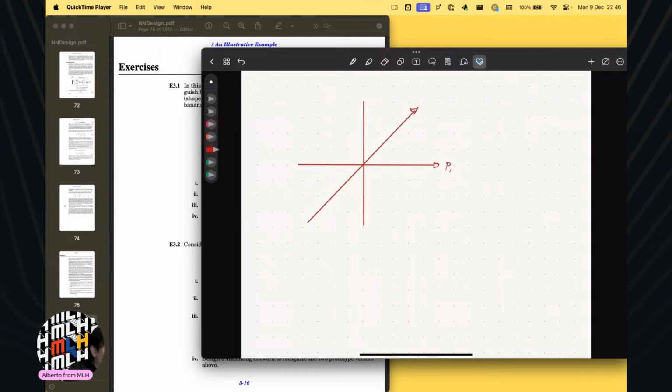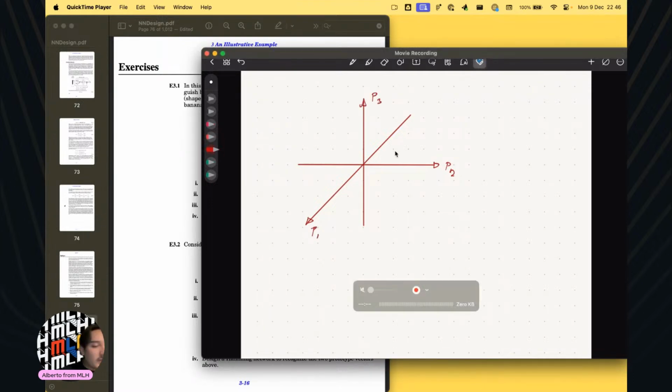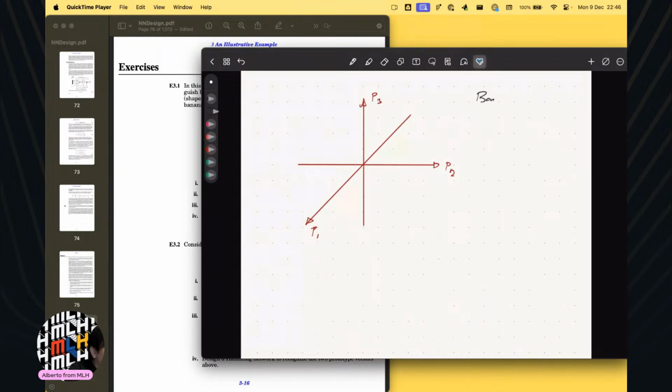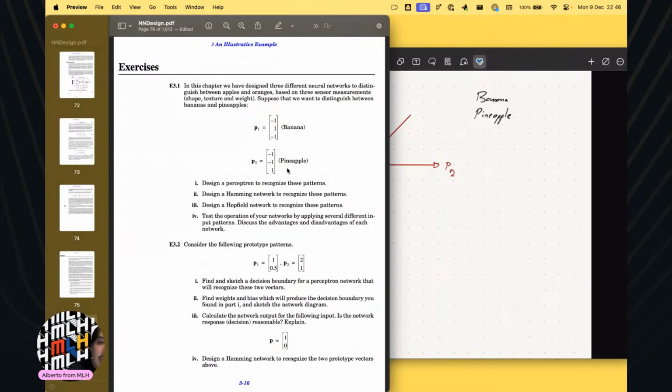Sorry, this is P2. This is P1, and this is P3, right? So let's find those points. We have bananas and pineapple. Pineapple is minus one, one, and minus one, and this will be minus one, minus one, one.